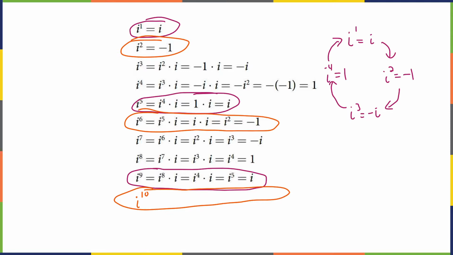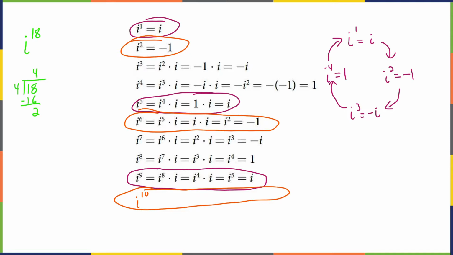So how does this work? Let me just give you a quick summary here. You're going to take the exponent of your i and divide it by 4. Whatever your remainder is gives you the exponent that it aligns with. So for example, if I have i to the 18th, well, 18 divided by 4, 4 goes into 18 4 times, 4 times 4 is 16.